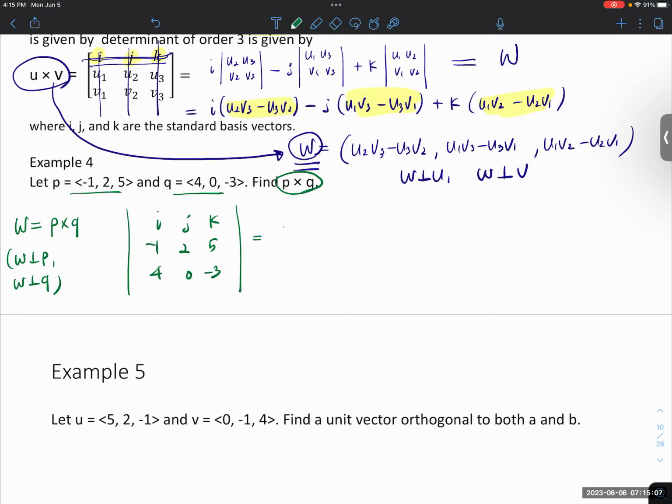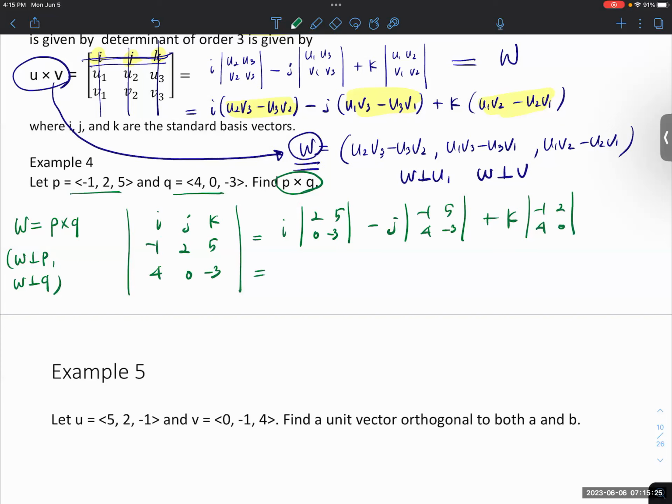You're going to do 2, 5, 0, -3, minus J, -1, 5, 4, -3, plus K. You're always alternating plus and minus. K, -1, 2, 4, 0.